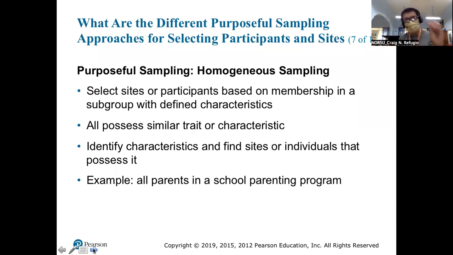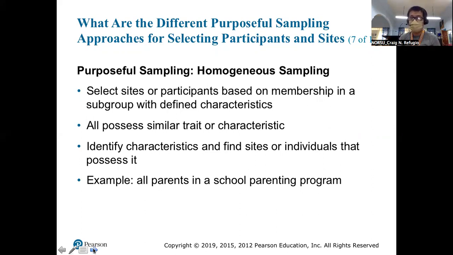But when you look into the variation of purposive sampling design, one group can only have one common characteristic, and the other characteristics can be assumed to be constant. You only consider one characteristic as homogeneous. The rest could not be classified as homogeneous. I repeated that many times: you must look at the characteristics of your population. All possess a similar trait or characteristic.